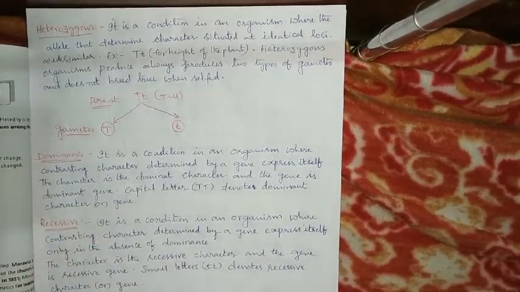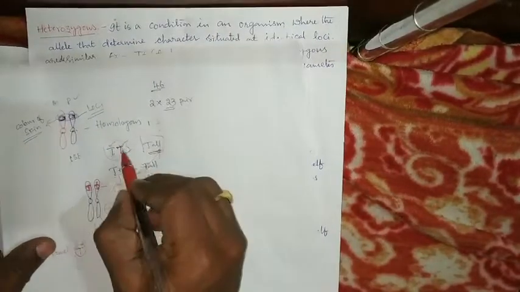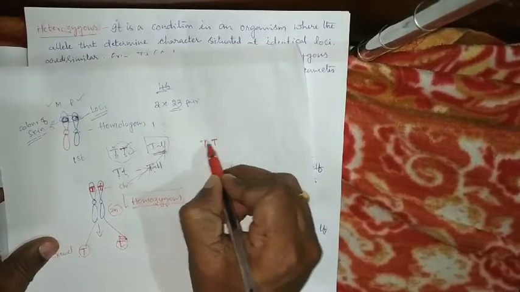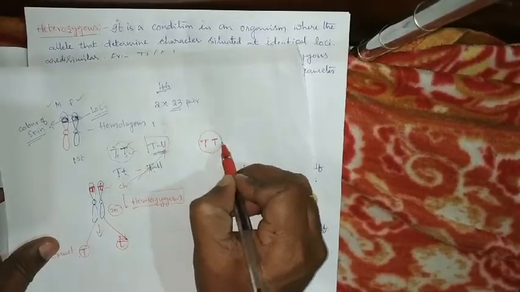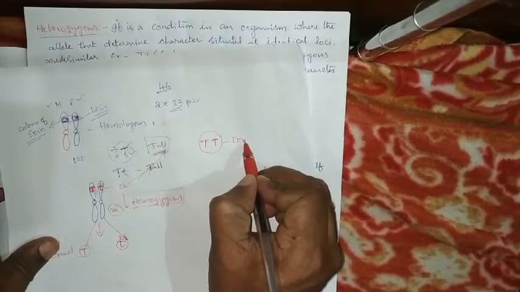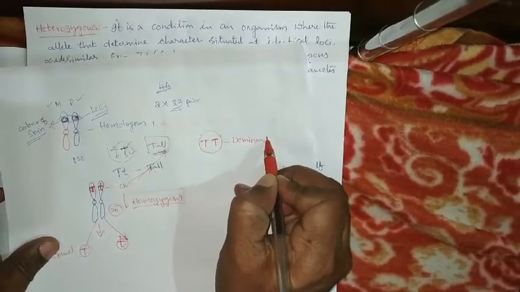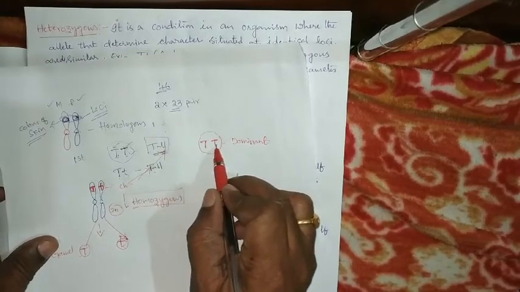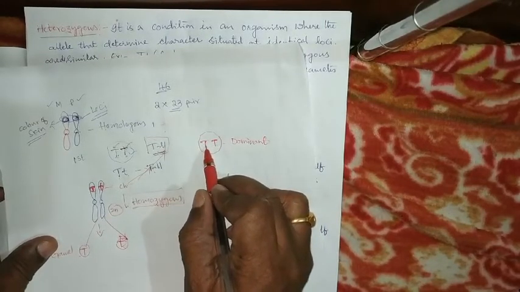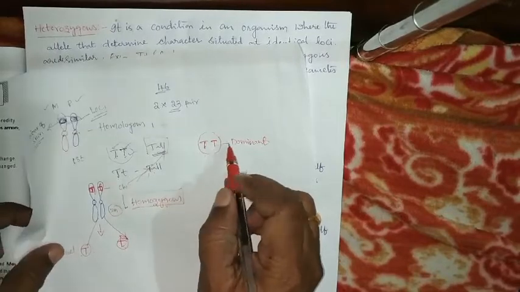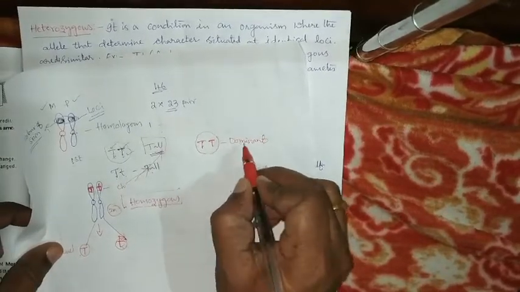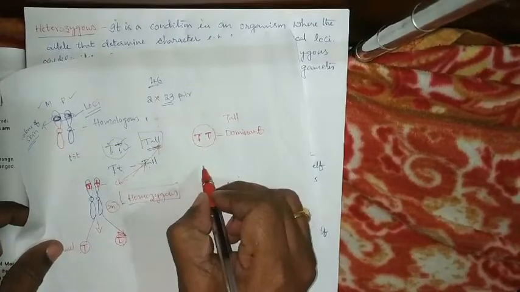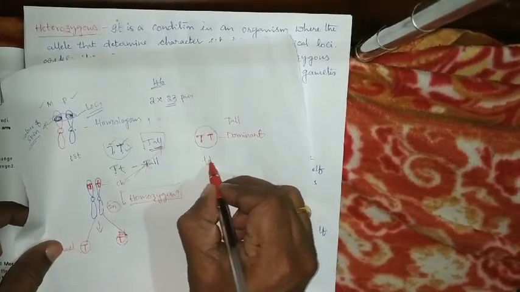For example, already we have taken this example, capital T. This capital T represents the dominant allele. This dominant allele represents the dominant character. What is that dominant character? Tall.